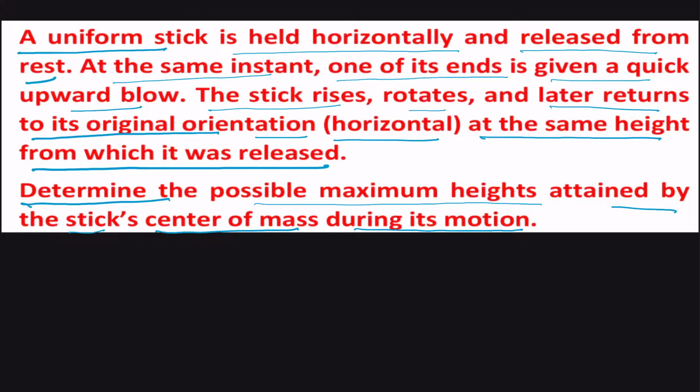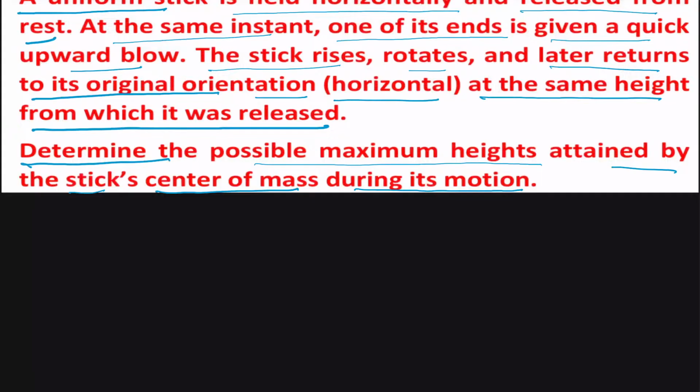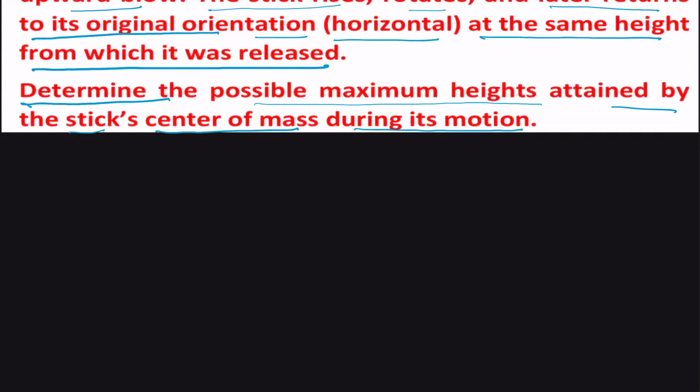In this case, we are given a horizontal stick which is given an impulse, and the stick is already at a certain height, but that is not of much importance.